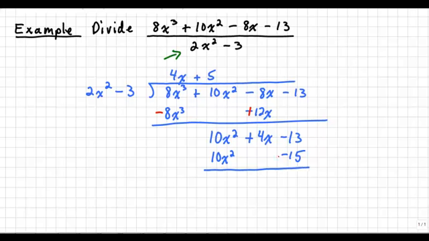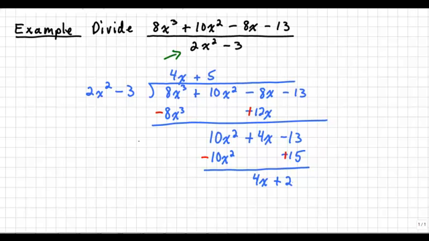So we're subtracting, so I'm going to add the opposite. So I'm going to change this to a minus 10x squared and change this to a plus 15. Add these together, we get 0. This is going to be 4x. And then negative 13 plus 15 is plus 2. Okay.